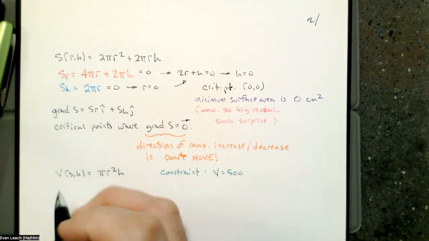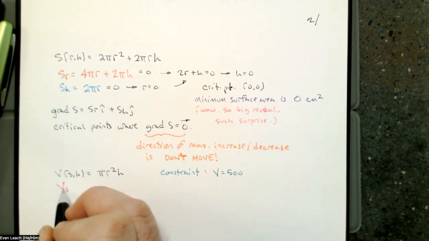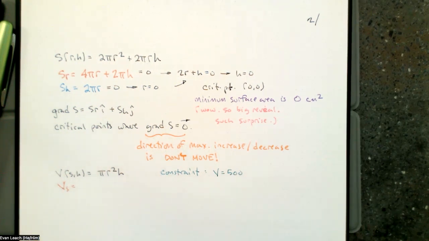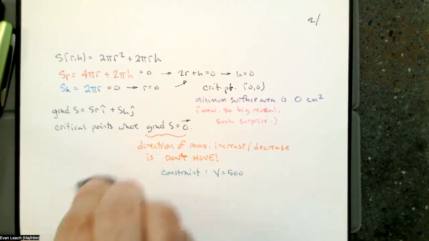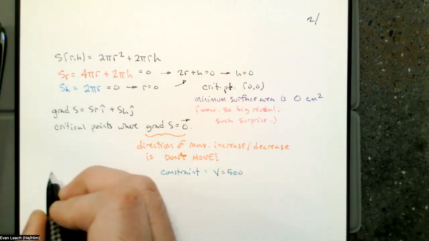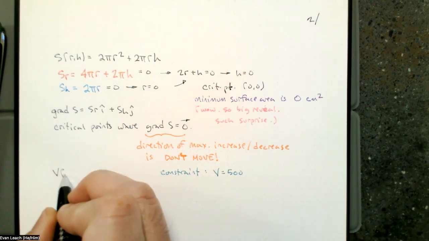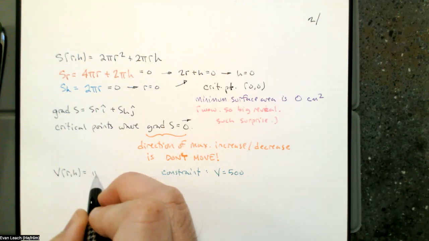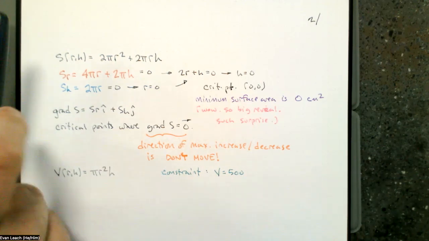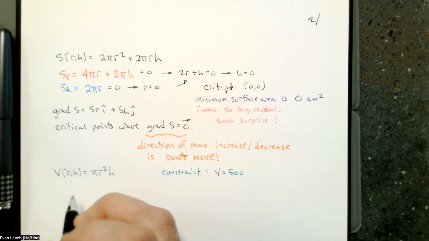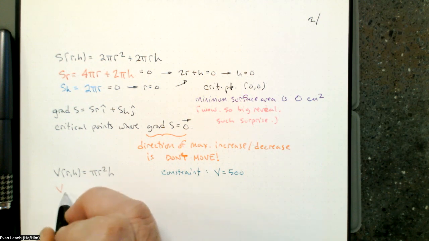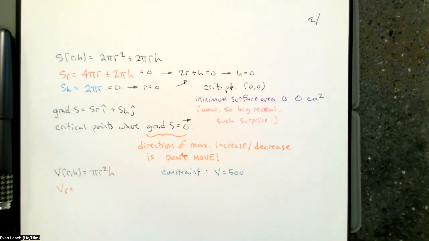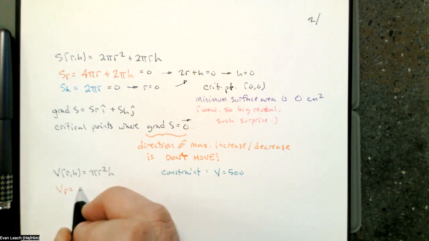Our partial with respect to R, I misspelled R, that's fine. Our volume, the partial of V with respect to R. The derivative of R squared is 2R, so I'll have 2 pi RH.